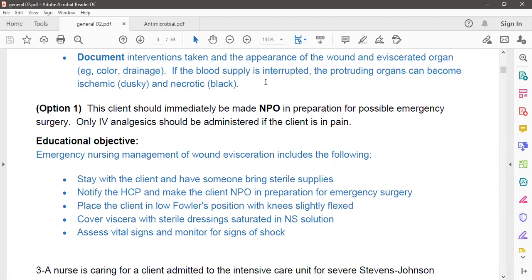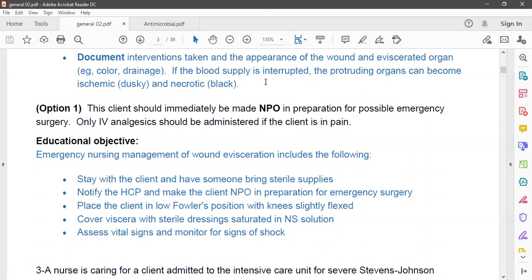So if we see our patient's condition like this, with the wound open and viscera come out, the first responsibility is to tell your patient not to take anything by mouth. It's called NPO status. So the client should immediately be made NPO, nothing by mouth, in preparation for emergency surgical operation.